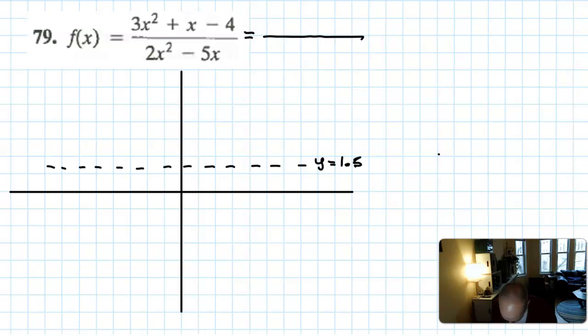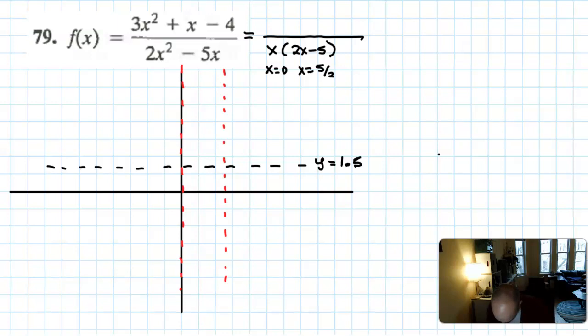There's some kind of non-trivial factoring here. The bottom is really just x, and then 2x minus 5. So that's going to have x equals 0, and x equals 5 halves as its zeros. So our vertical asymptotes are going to be at 0, and 5 halves is 2.5.